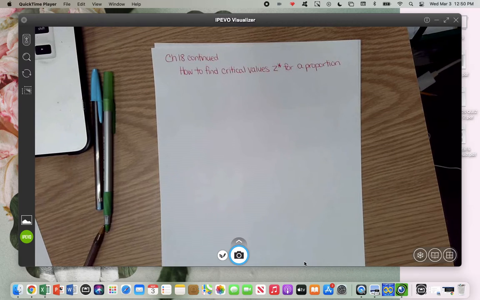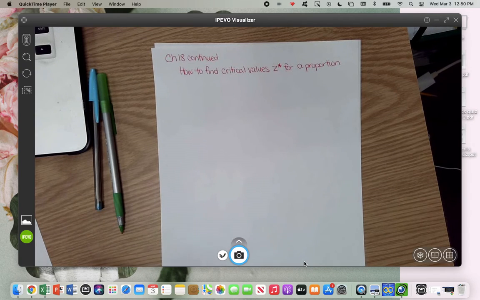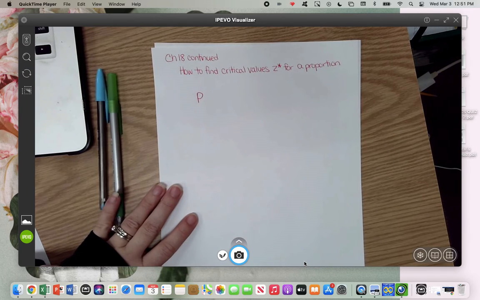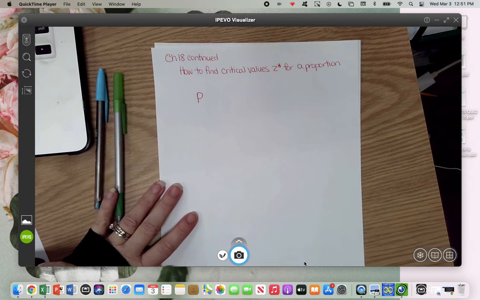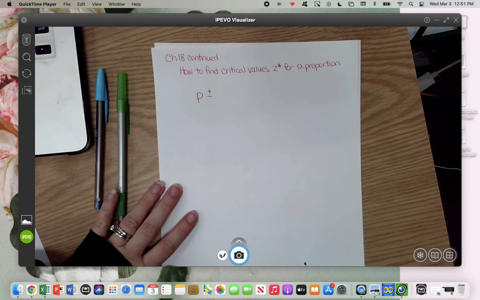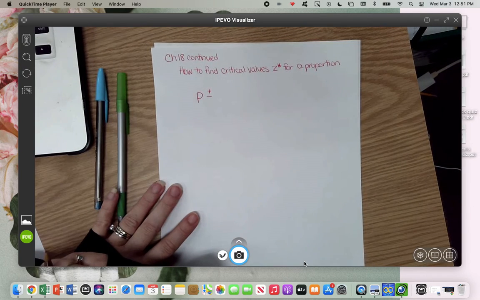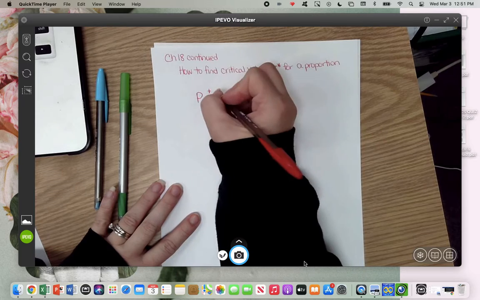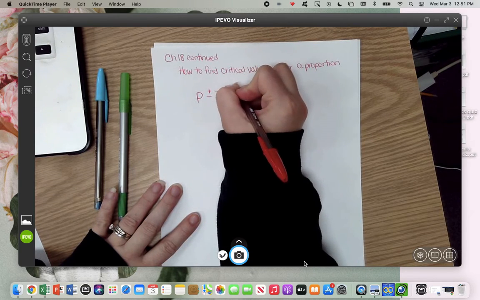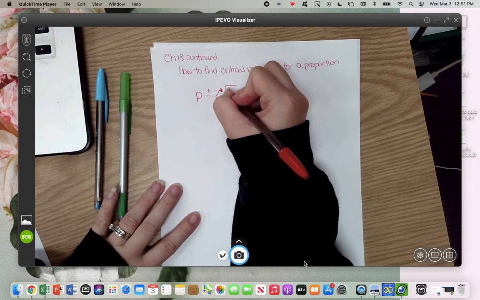We always expect it to be within a certain range. We always have this p-value, that probability of success, but sometimes we're above and sometimes we're below, and we're going to find out by how much. The standard deviation does come into play, but what we know to add or subtract is that z-score times the standard deviation, which is the square root of p times q divided by n.